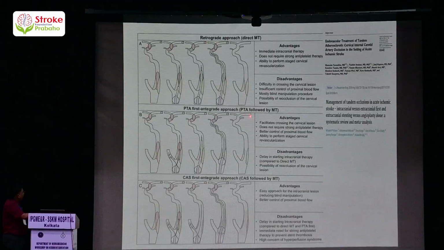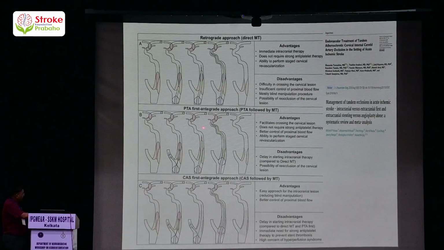Second is angioplasty followed by mechanical thrombectomy. If there is a severe stenosis, first you have to do angioplasty and then take out the clot. And if needed, then you can place the stent. Then there is the approach of carotid stenting followed by thrombectomy. So first you have to secure the carotid artery stenosis by stenting, and then do the thrombectomy.